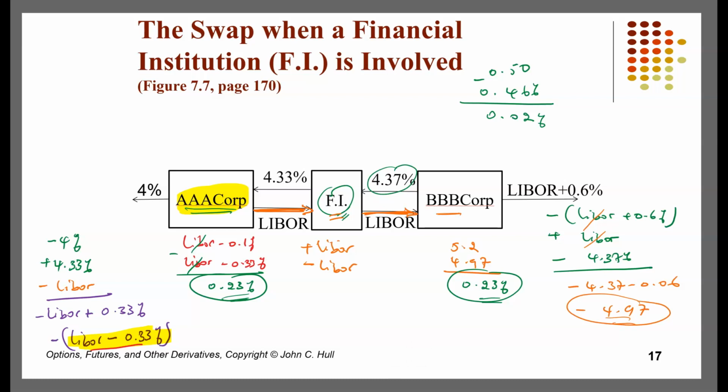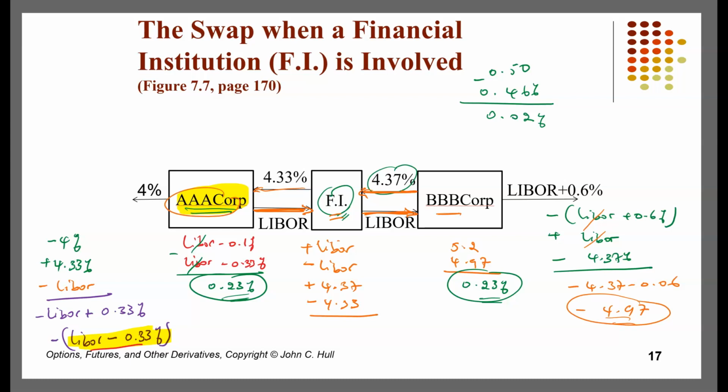The financial institution is going to get 4.37 from BBB. That's this transaction here, and it's going to pay 4.33 to this financial institution that we have here, to AAA.